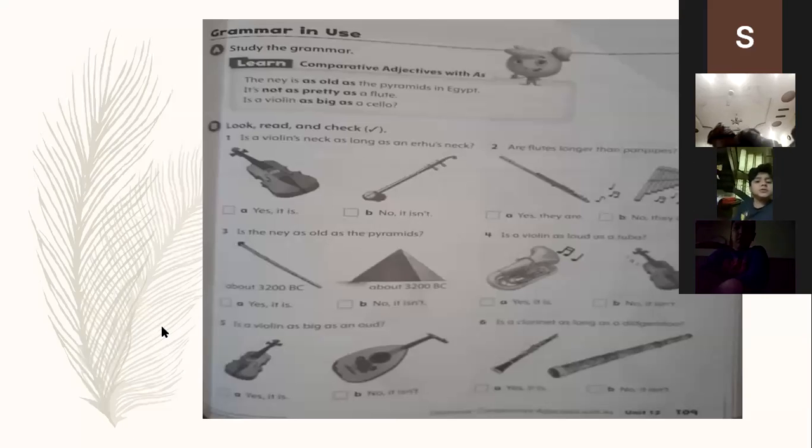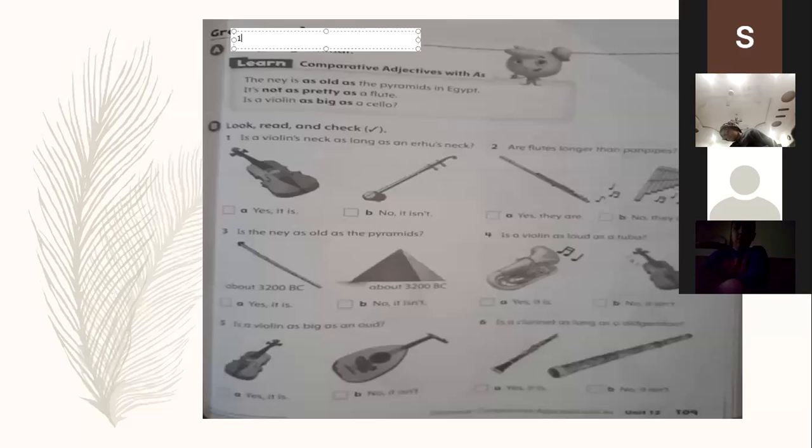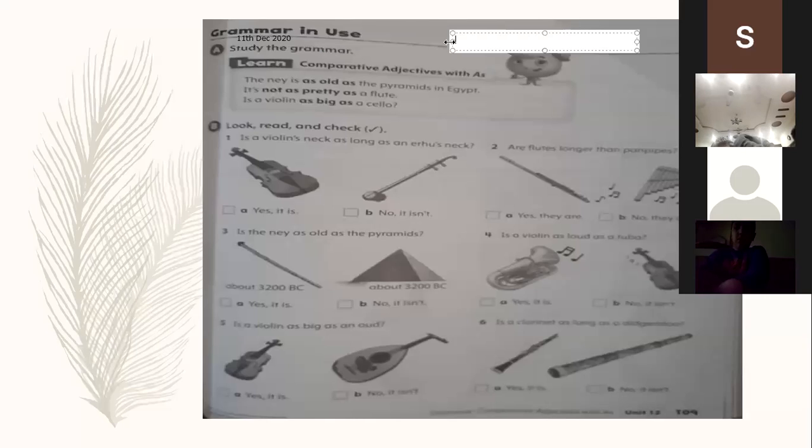Write down today's classwork, day and date at the top of the page. Okay, today is 11th December 2020, and it's classwork, and the day is Friday.